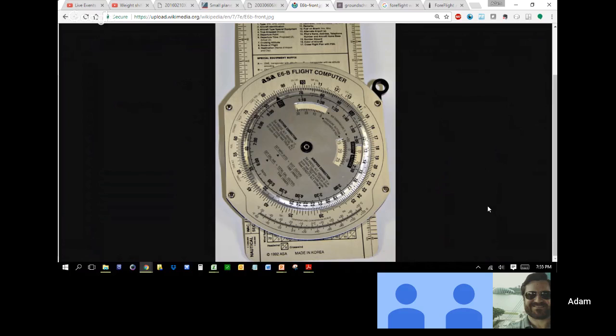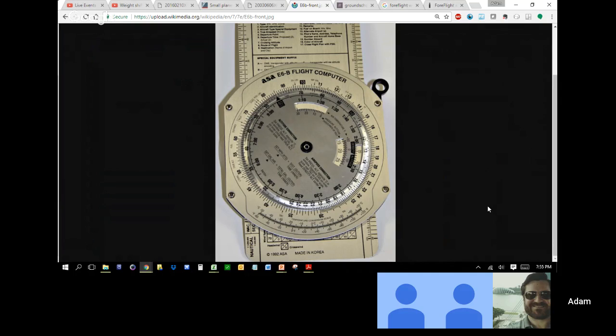This is not a digital computer. This is not an electronic computer. This is what's called an E6B flight computer. It's a mechanical computer, or affectionately called a whiz wheel in aviation.